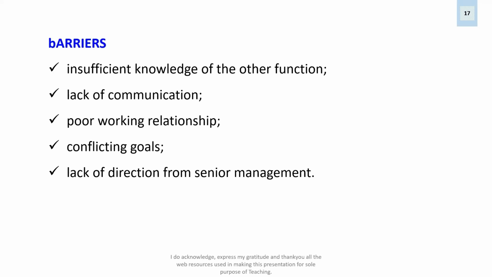And that direction should be clearly visible to even the last employee of the organization. That will synchronize the individual employee of the company to work as per the company strategy of supply chain management.